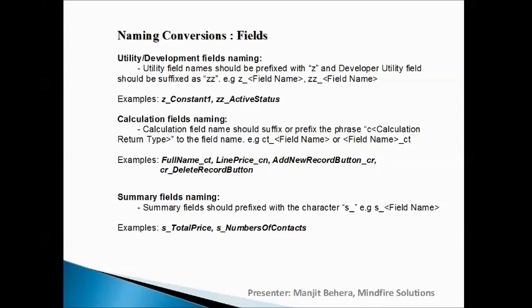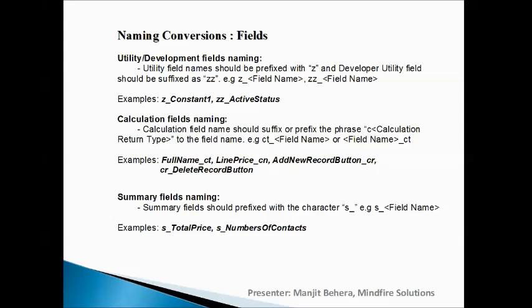The notation for the calculation field naming convention: C for calculation, the return type, then the field name. For example, here full name underscore ct stands for a full name field that returns text type data which is calculated.